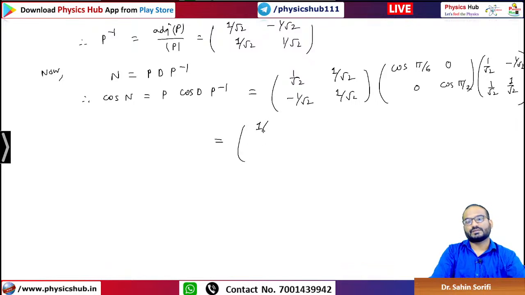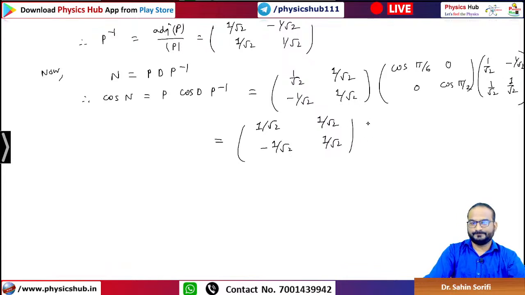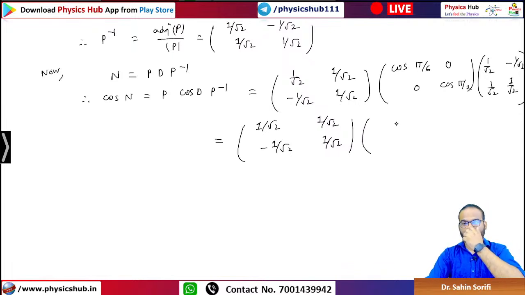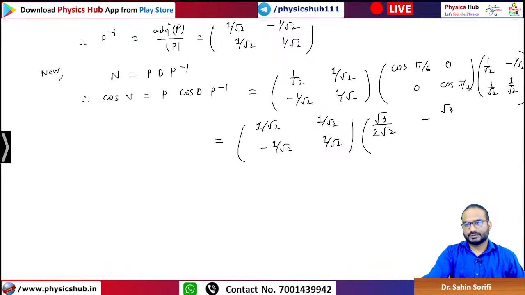Let's keep the first one first. Cos pi by 6 is cos 30, and cos pi by 2 is 0. So this will give you root 3 by 2 root 2, minus root 3 by 2 root 2, 0, 0.